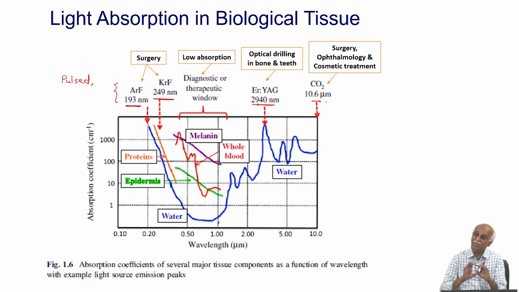If we can capture that information, it is good enough. So this window is such that the absorption by most of the molecules should be as low as possible. At the same time, specific absorption may be important.